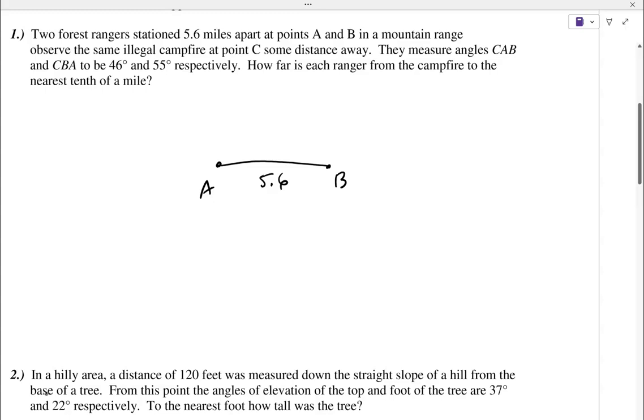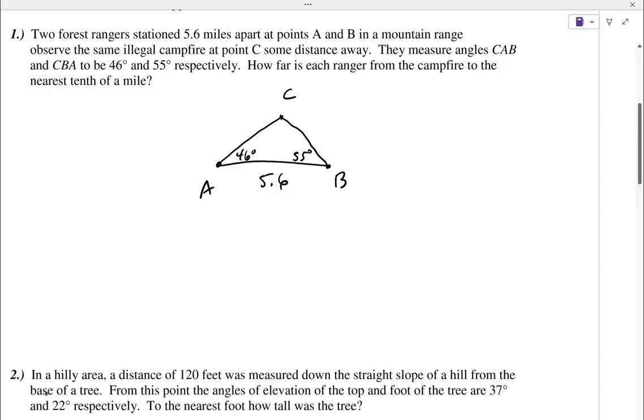And then what else do we need? Okay, so probably need some other point out here, right? Some C out here. Your angle A should be 46, and your B should be 55.